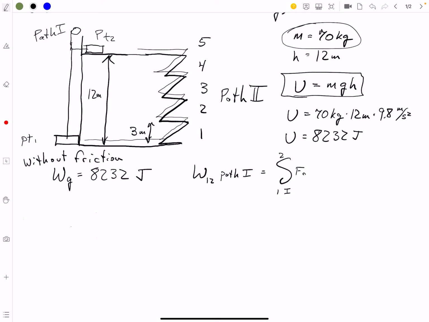And this is the force of gravity, and we're going to dot that force of gravity with dr. All right. Now, here's the point. That equals the work 1 to 2 for path 2.